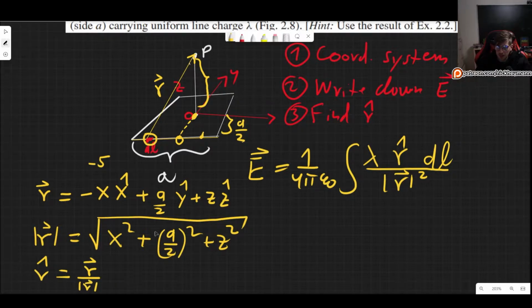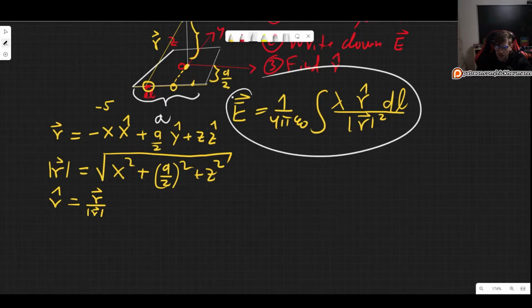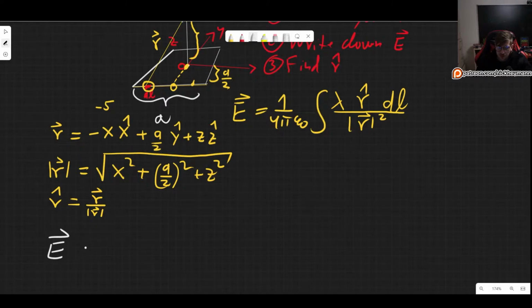So now we can plug all of this into our equation for the electric field. So the electric field, let's say electric field 1, right? Because this is due to this one line there. So the electric field due to this first line, let's say this is 1, 2, 3, and 4. So the electric field due to 1 is going to be 1 over 4 pi epsilon 0.